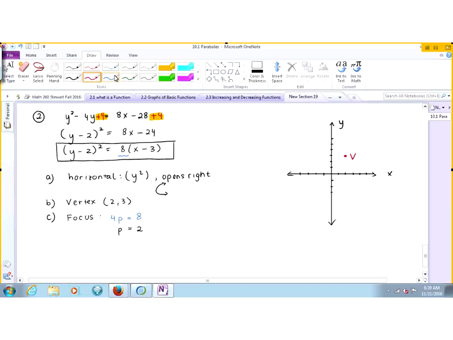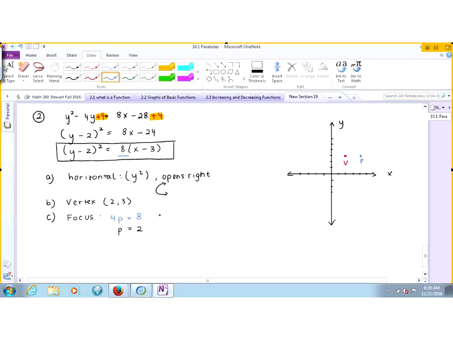Okay, so how do I find the focus? 2 units up? Okay. Is it? No. No. 2 units to the right. Yes. Well, okay, because we decide in the beginning. Alright, so this is 3. Okay.